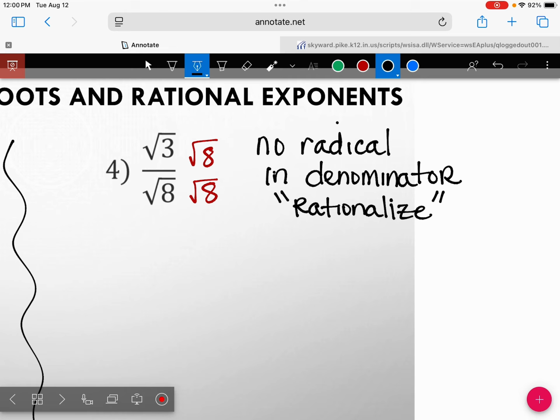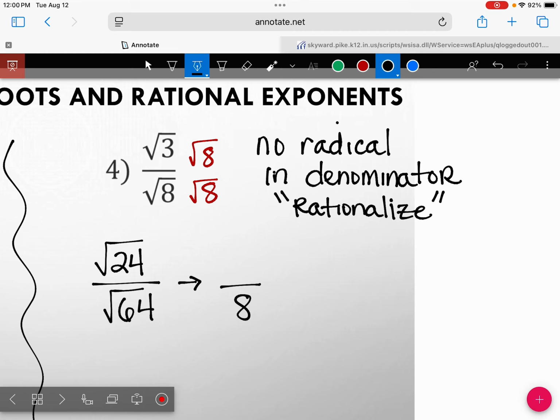When we do that, we have 3 times 8, which is 24. And that's over 8 times 8, which is 64. Now, 64 is a perfect square. So that's going to change to an 8, which is what we wanted to do. We wanted to get rid of the radical. 24 is not a perfect square.